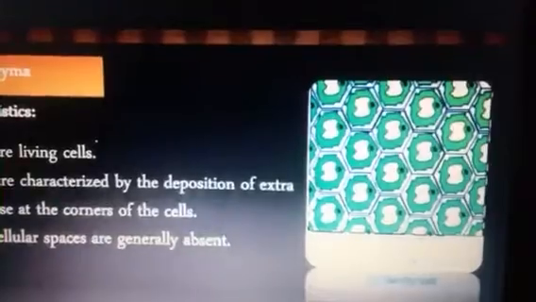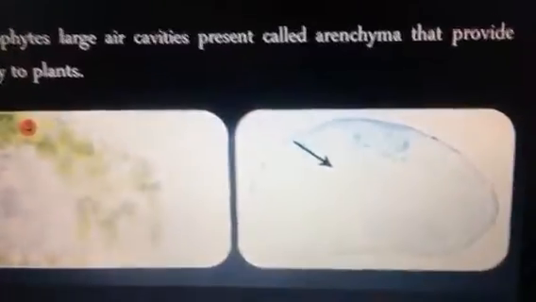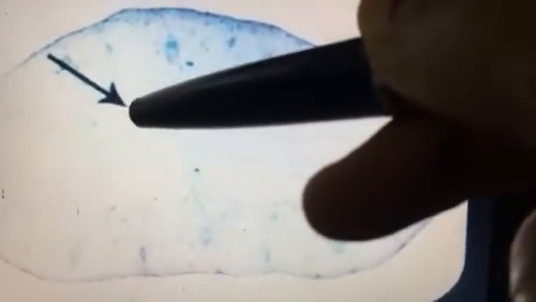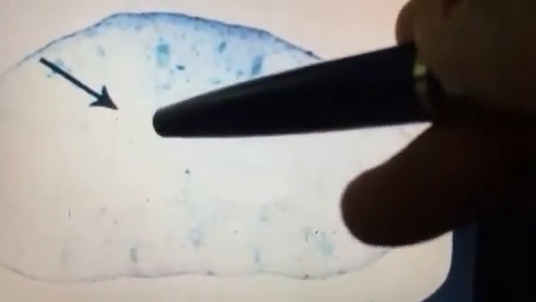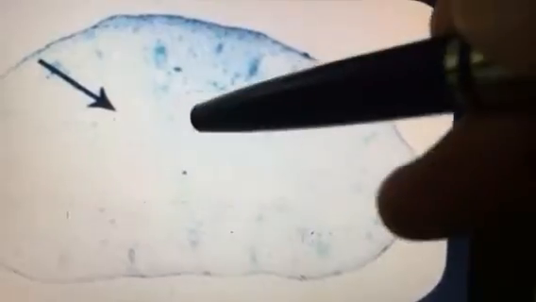Now let us look at it closely. Here there are certain bubbles, if you can see clearly. These bubbles are present in the stems or any part of the aquatic plant, which makes them float on the water. This property is reserved for aquatic plants.